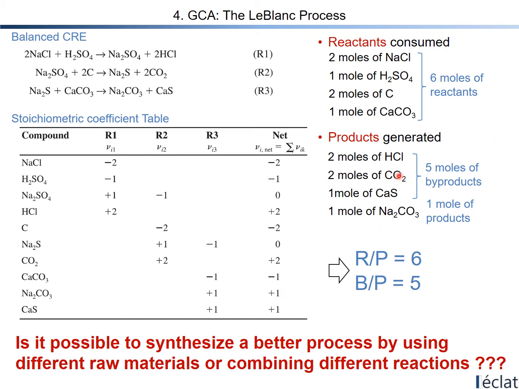So those three can be considered as byproducts. So totally byproducts 5 more and product just 1 more. So let me calculate the RP, reactant to product ratio, which is 6 divided by 1, so 6. How about byproduct to product? 5 to 1 is going to 5.